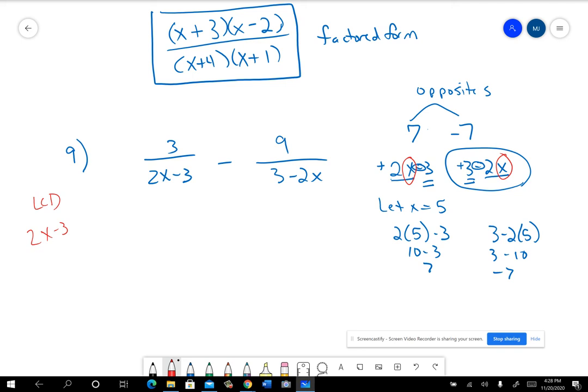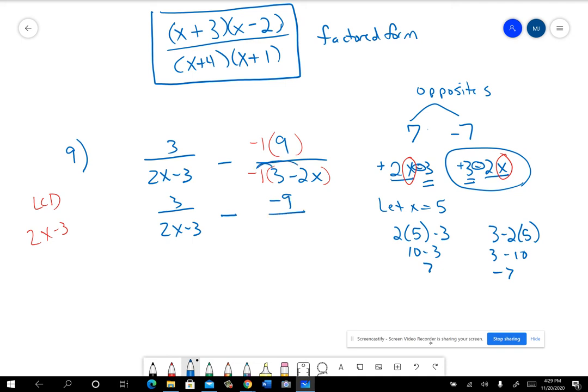So what I'm going to do, and you'll notice that if you ever just see numbers that appear to be the same, you can look and see if they're really opposites. If they are, what you can do is just multiply by -1 on the top and bottom of one of them. So I can leave this 3 over 2x minus 3. I'm going to leave this alone for now. That would be -9.